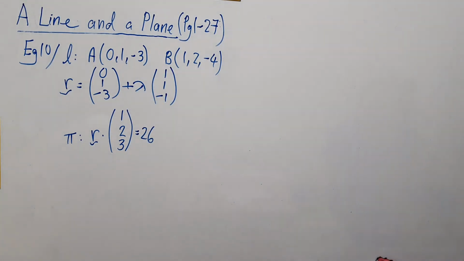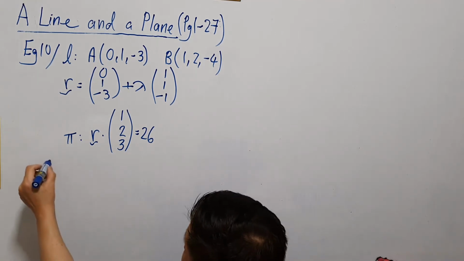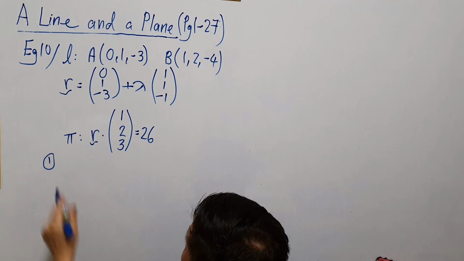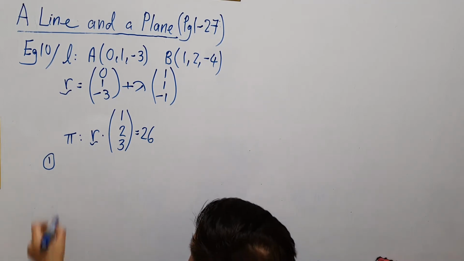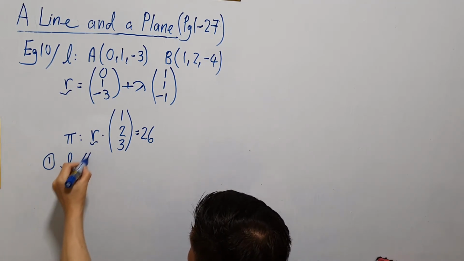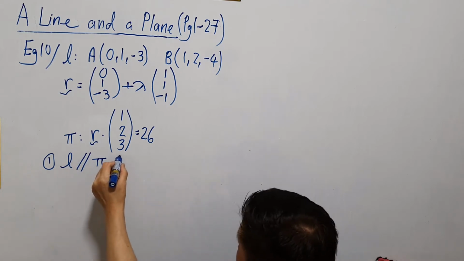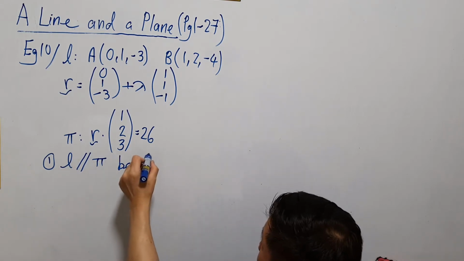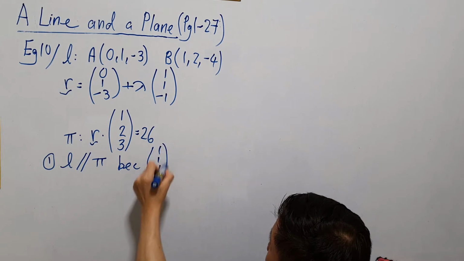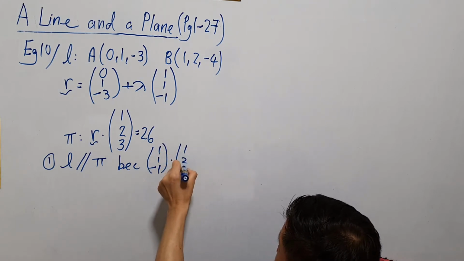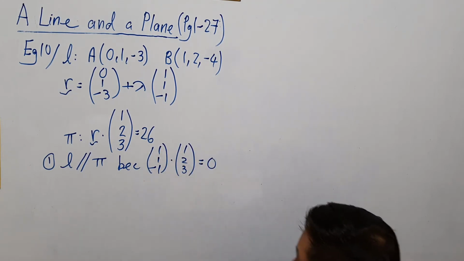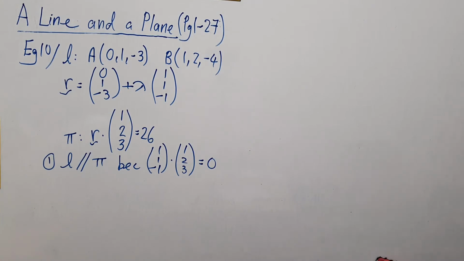So once again, you're interested to know how this line interacts with this plane. So let's check it firstly. Is L parallel to plane pi? Because this is 0, therefore it is parallel.